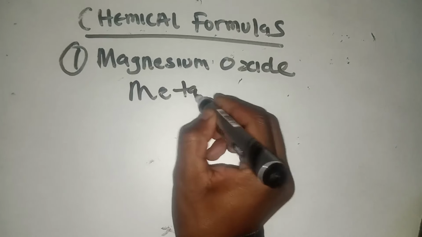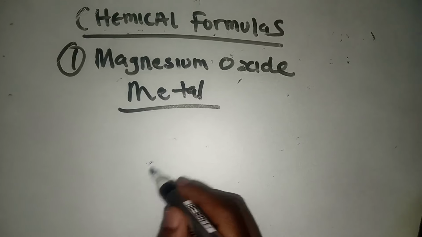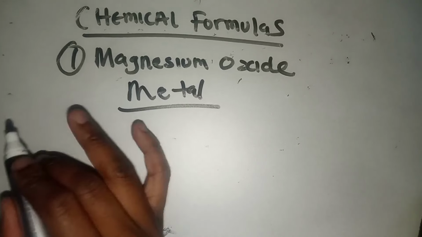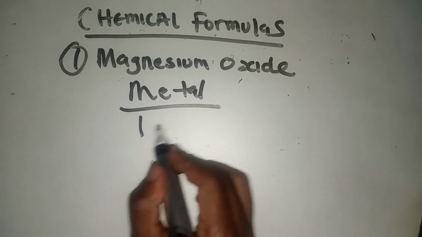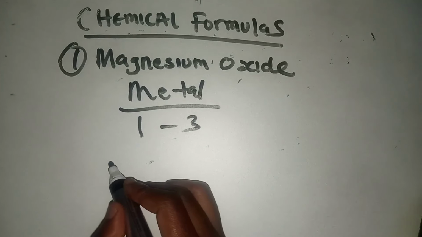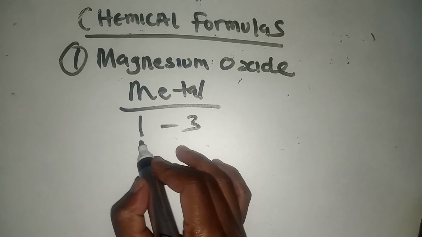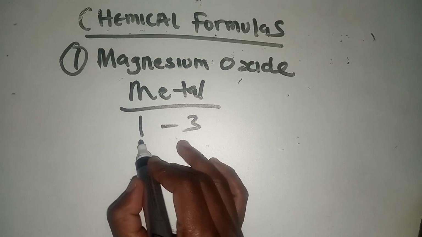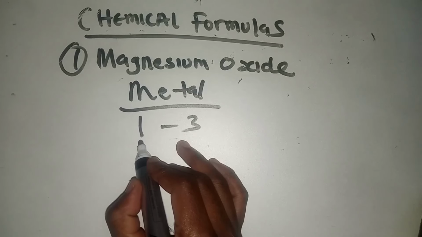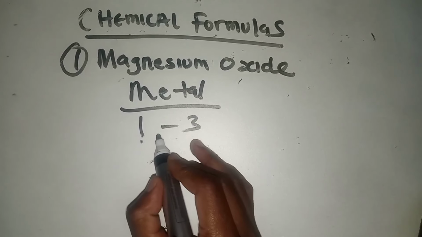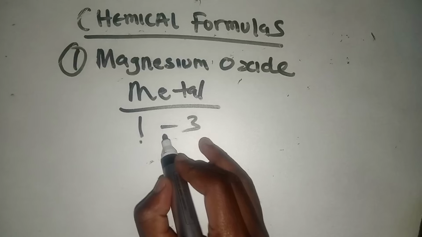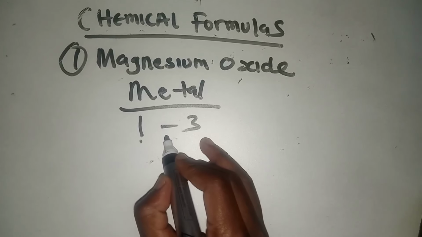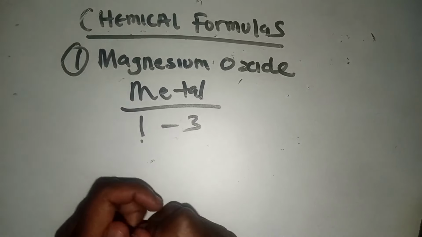For the metals, like I mentioned, metals in the periodic table run from group 1 to group 3. Every element found in group 1 has a valence number of 1. Similarly, every element found in group 2 has a valence number of 2.